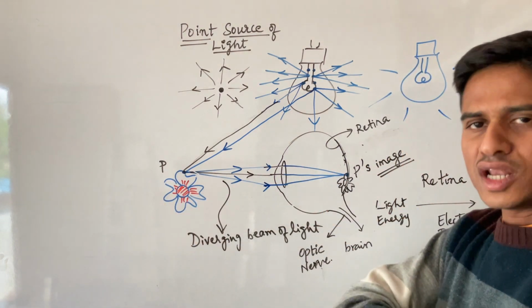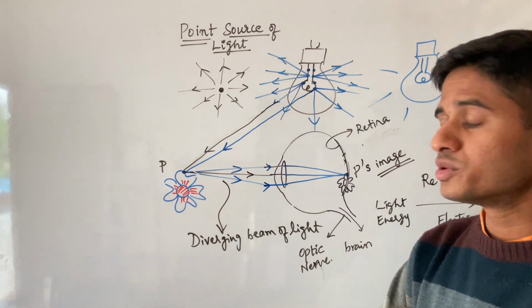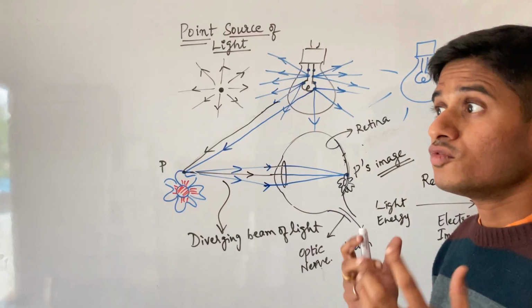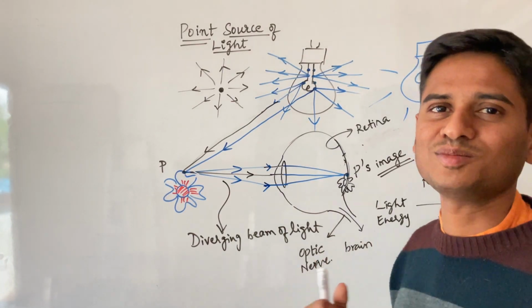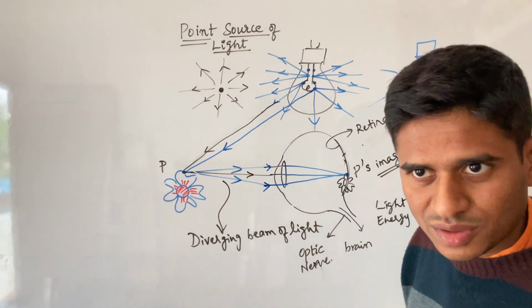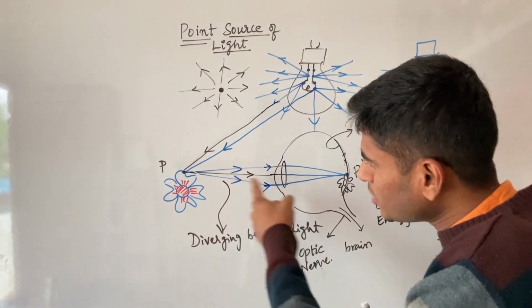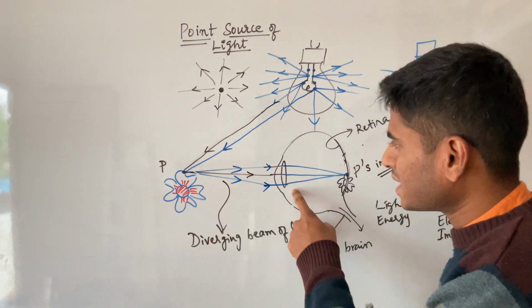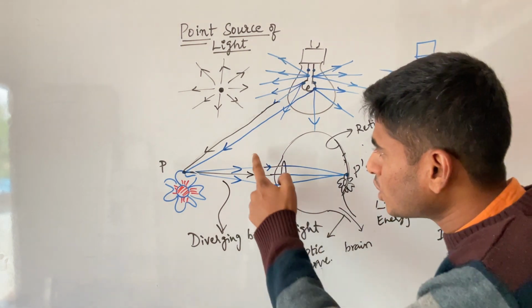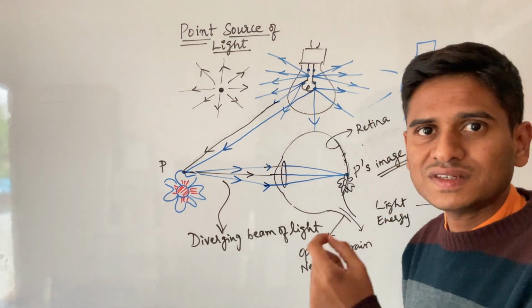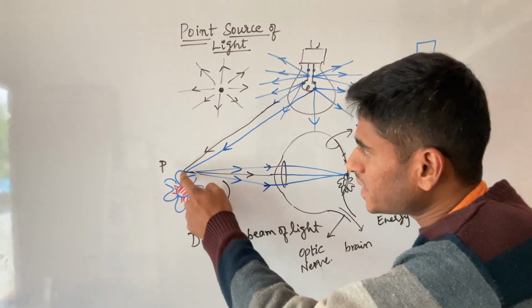Now, a very important thing we are going to discuss. Where do I see the object? When a diverging beam of light is arriving at our eye and the image is formed, what we see is not the light. What we see is the source of light.